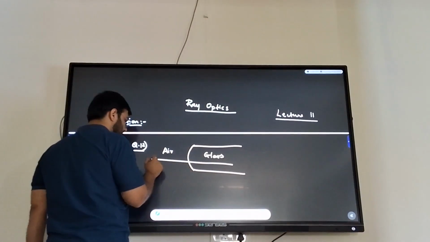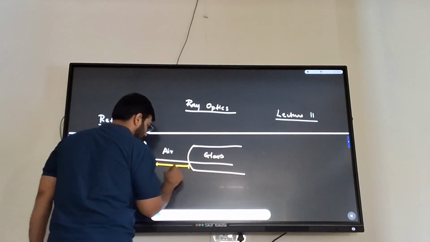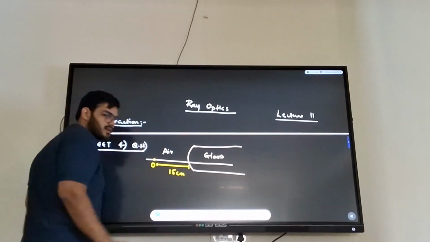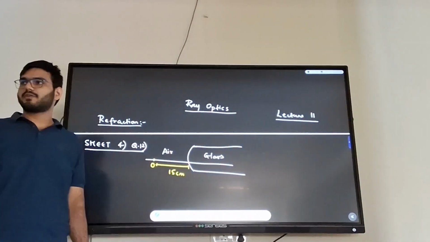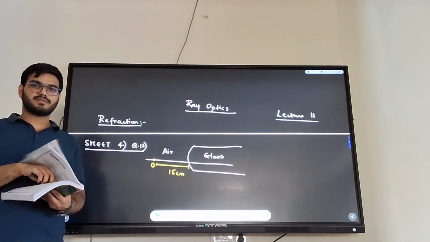There is an object here, and it is at a distance of 15 centimeters. Given this information, try to do the question. I am giving you 3 minutes. Attempt the question.